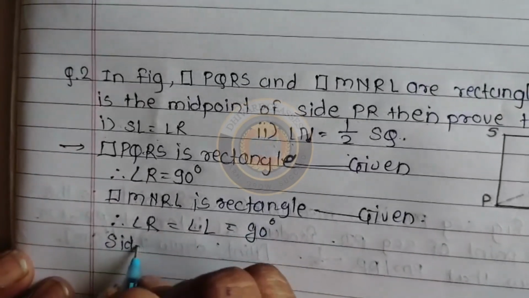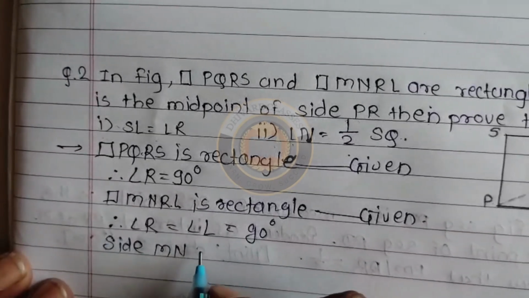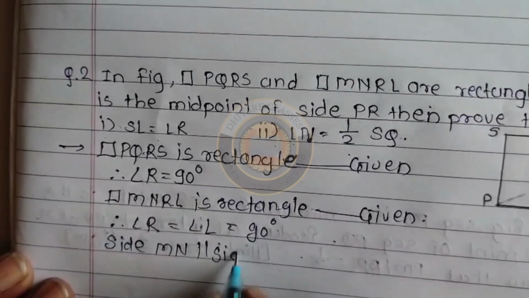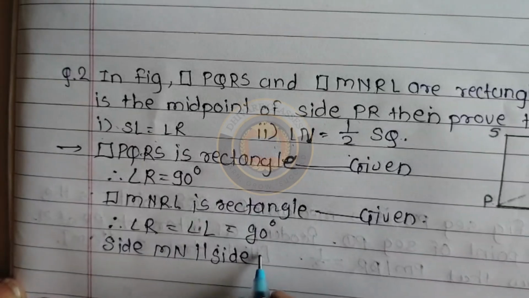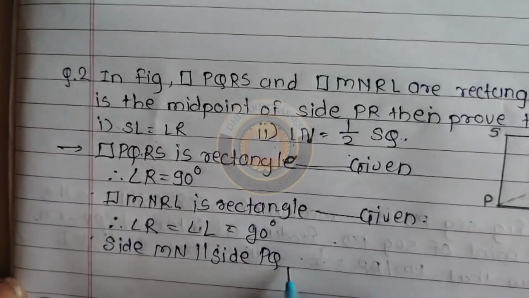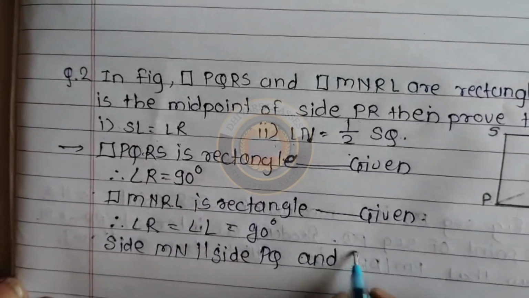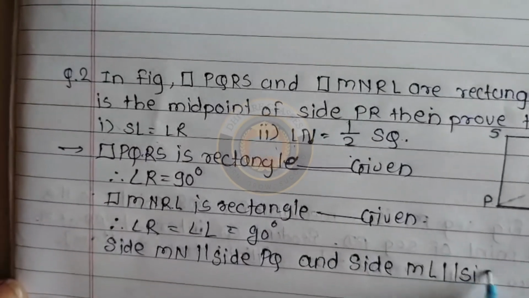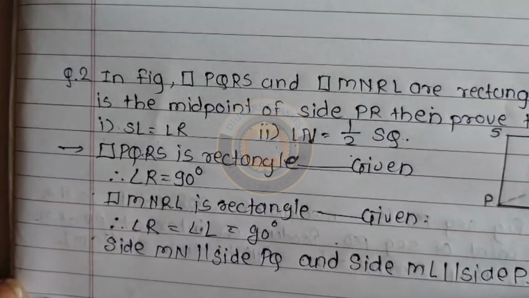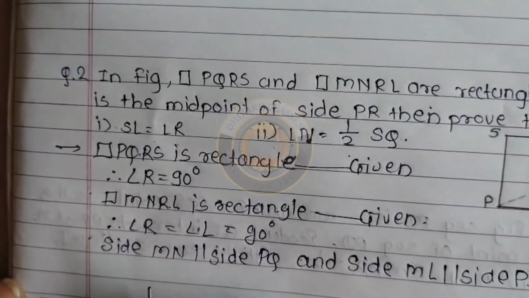मग side MN parallel side PQ, and side ML parallel side PS. This is equation first.